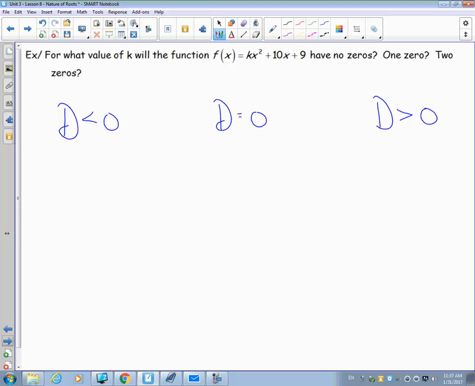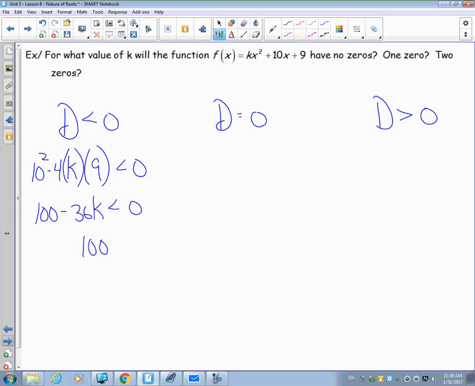Let's find our discriminant. b squared minus 4 times a, which in this case is k, times c. I need to solve this. 10 squared is 100. 4 times k times 9 is 36k. If I don't want to solve this, I can treat the less than sign as an equal sign.